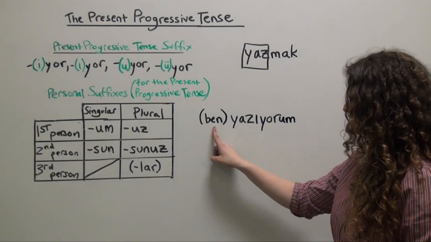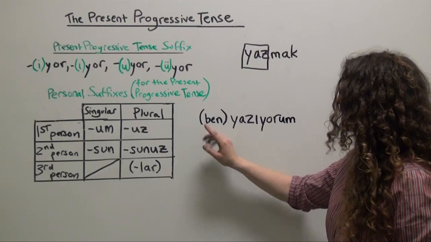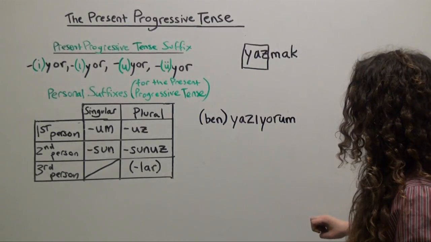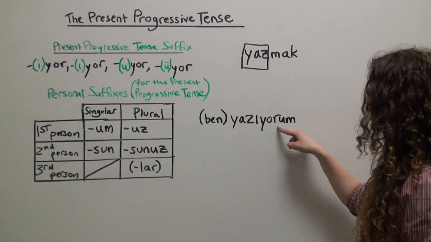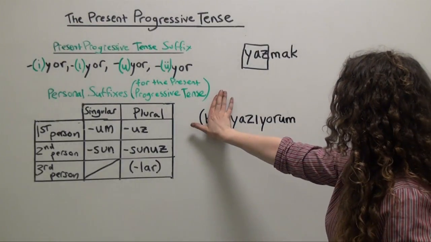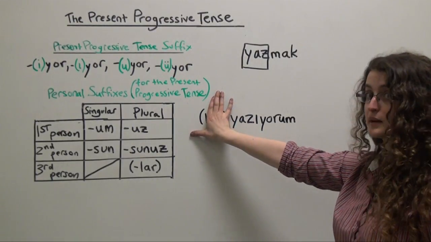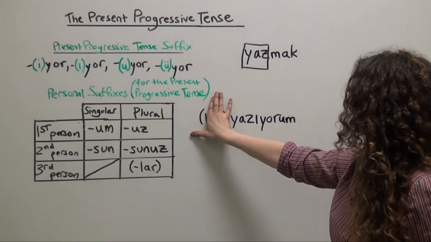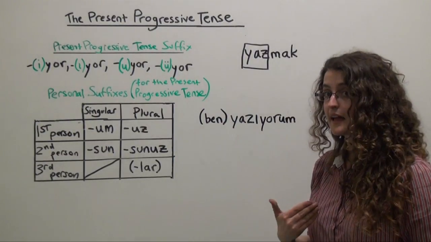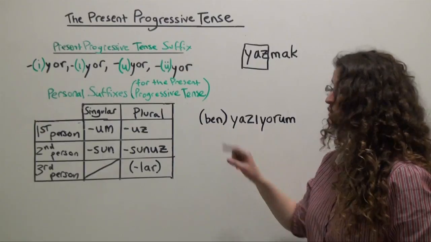This personal pronoun, ben, is in parentheses because in fact all the information you need to understand this word is already in this suffix. So if you simply say yazıyorum, that already means I write, or I am writing. If you want to emphasize I am writing, or clarify, then you can use the pronoun ben.